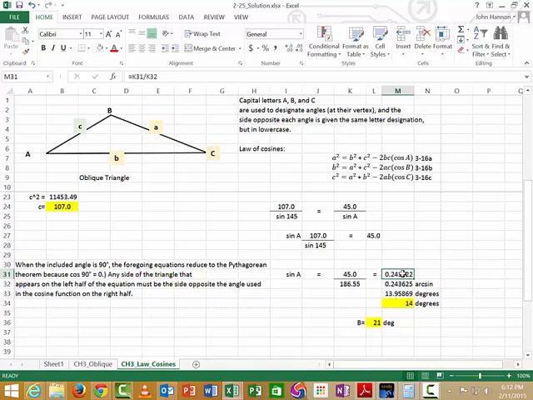So I simply did this math, 45 over 186.55. And to separate the angle, the A, from the sine function, you have to do the inverse trig function. And this is arcsine, like I showed in a previous video.